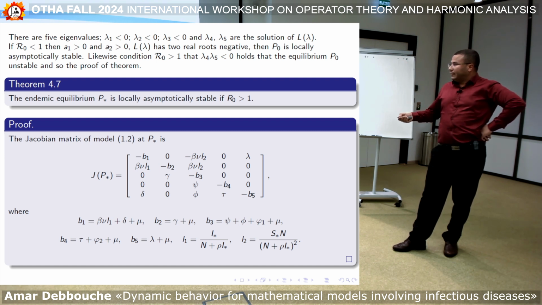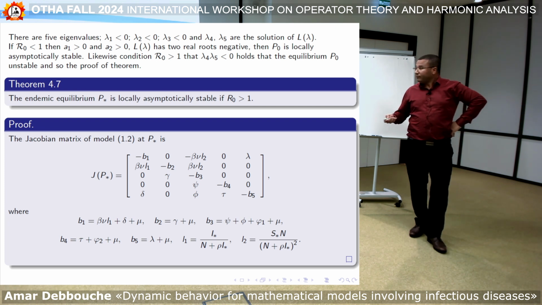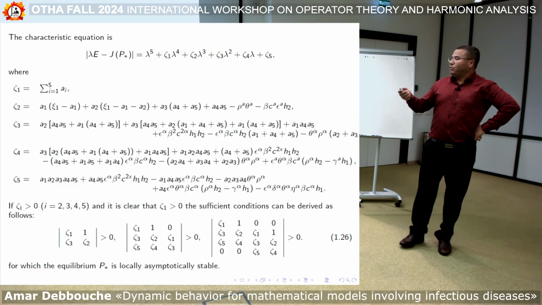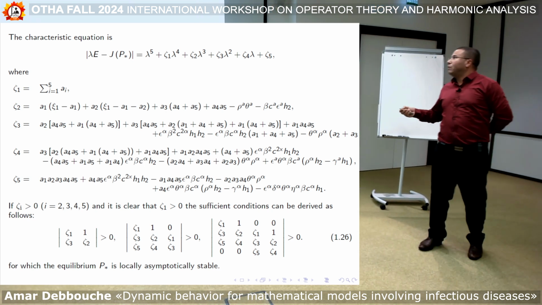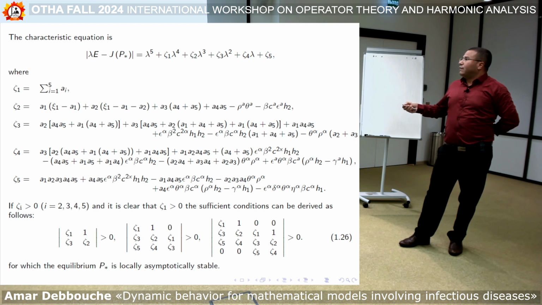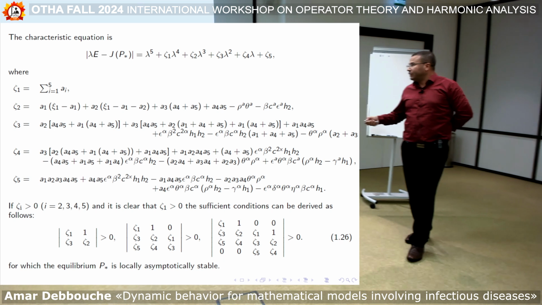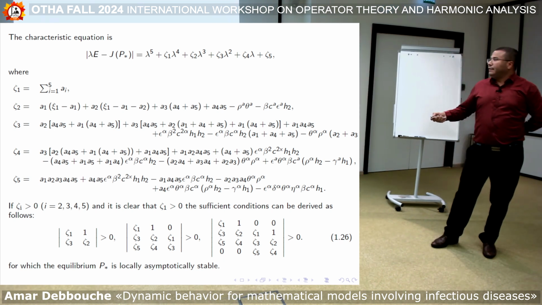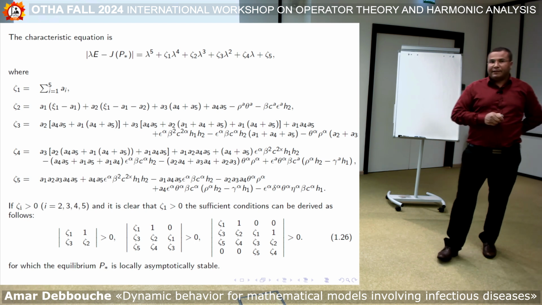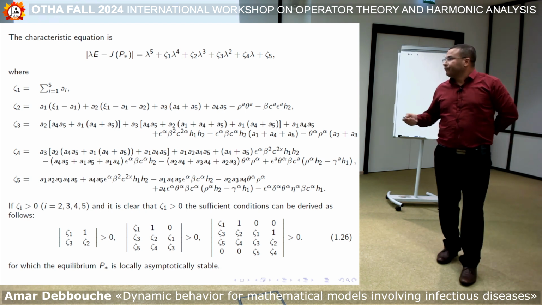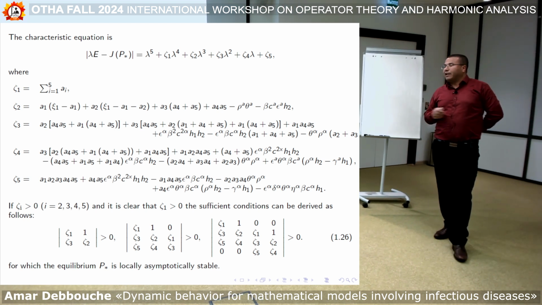All coefficients are detailed as they appear. Then we use the characteristic equation with this form in terms of zeta 1 to zeta 5, given with the following forms. All of them are positive. And it is easy to check that all these determinants are positive, for which the equilibrium P star is locally asymptotically stable.